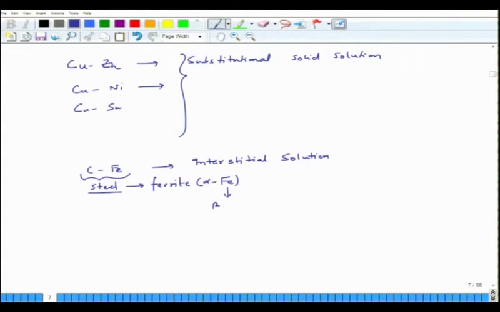Alpha iron is a BCC structured phase, so it is basically BCC iron with carbon atoms in interstitial sites.